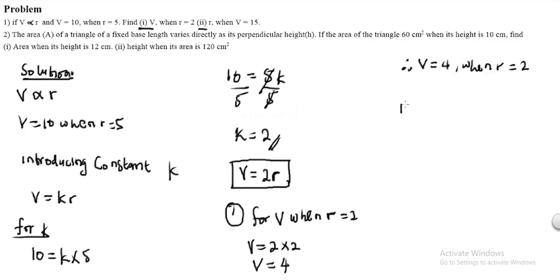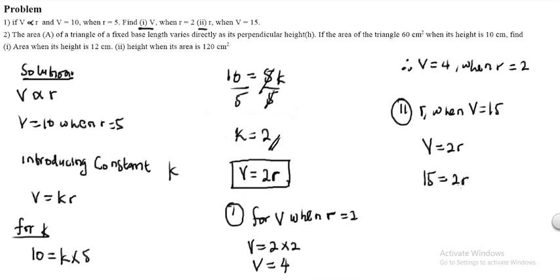So for my number 2, I'm told to find R when V is equal to 15. Remember, my given equation is V is equal to 2R here. So finding R when V is equal to 15, I'll have V is equal to 2R. I'll substitute my 15 inside this equation so that it becomes 15 is equal to 2R.